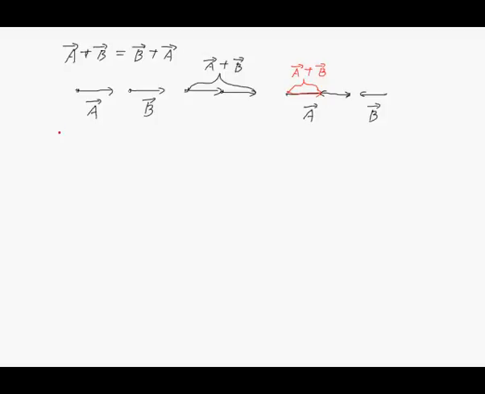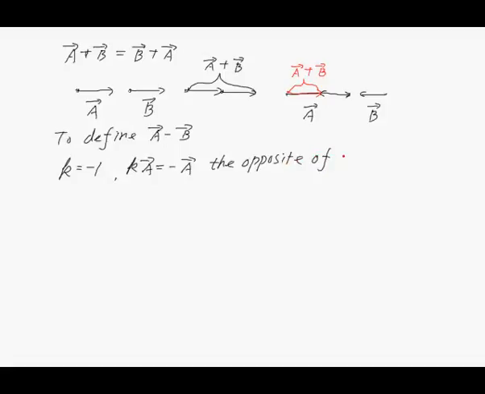So to define vector A minus vector B, we may first begin with the special scalar multiplication. So we let k equal to -1, and then we know k times A is just equal to -A, which is the opposite of vector A, right?